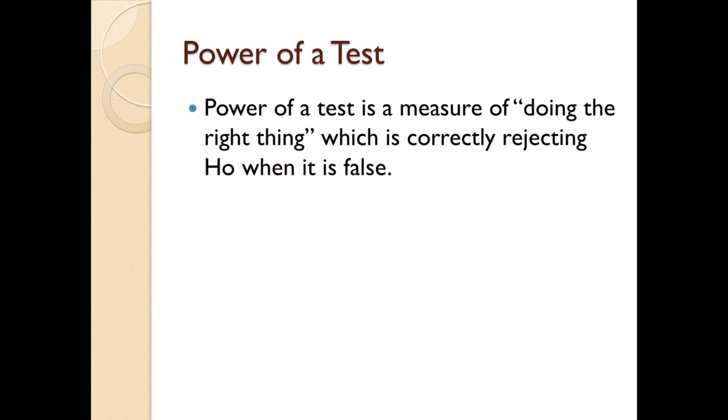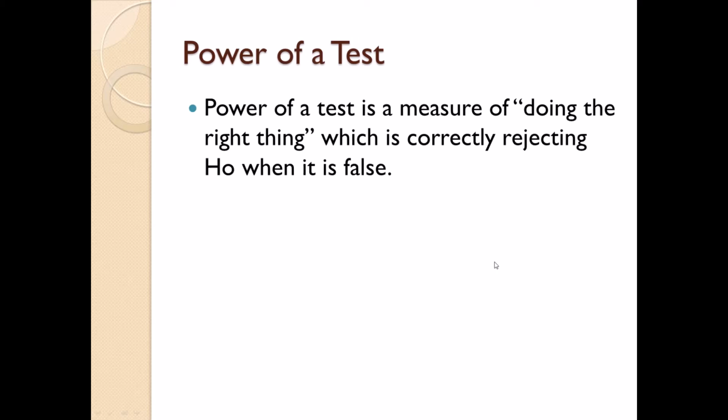That brings us to the third item, which is power of a test. So the power of a test is a measure of doing the right thing when you make a decision. And doing the right thing when you make a decision in inference is to correctly reject H0 when it's false. If you can do that, then that's the whole point in testing.